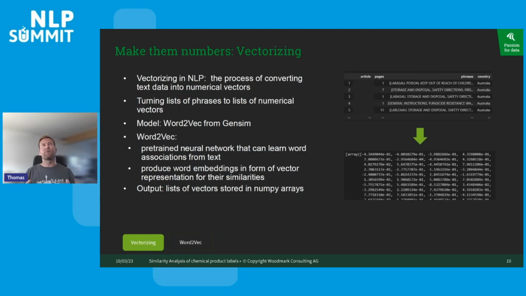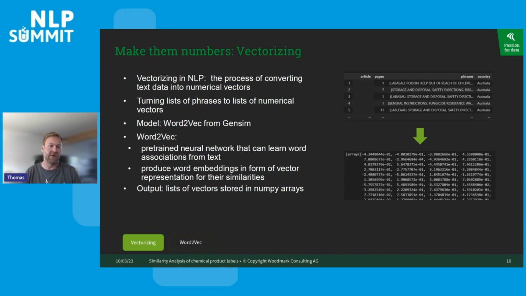So after we make the data usable, we want to transform this text into numbers to apply some mathematical and data science techniques on it. We call it vectorizing, and it's the process of converting text data into numerical vectors.